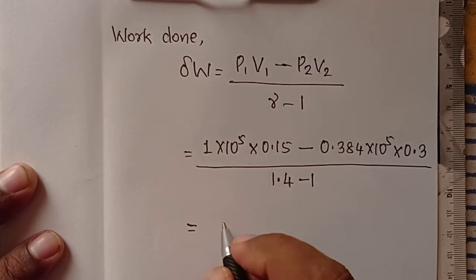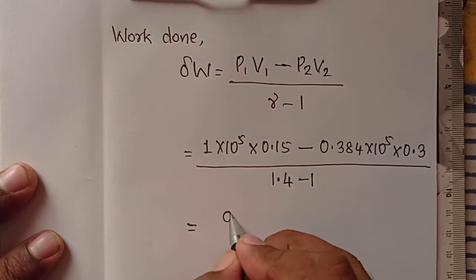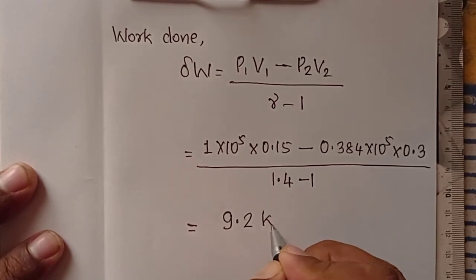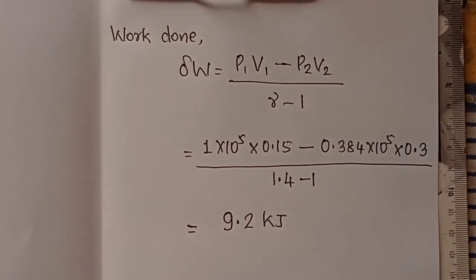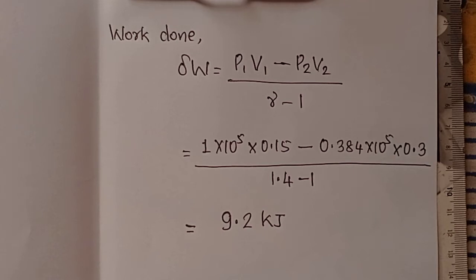So you will get the answer as 9.2 kilojoules, that is 9.2 into 10 to the power 3 joules.